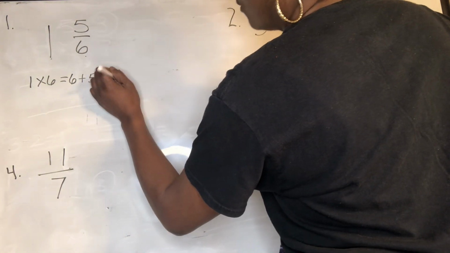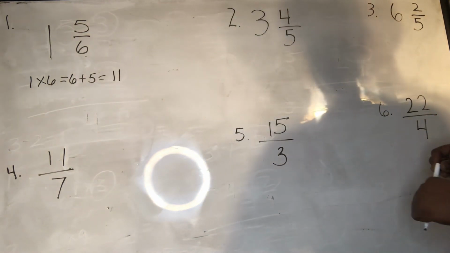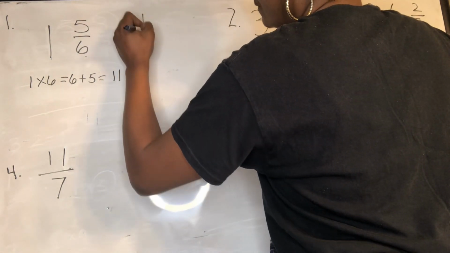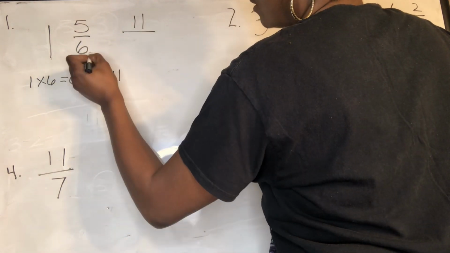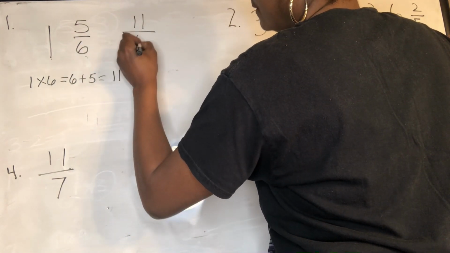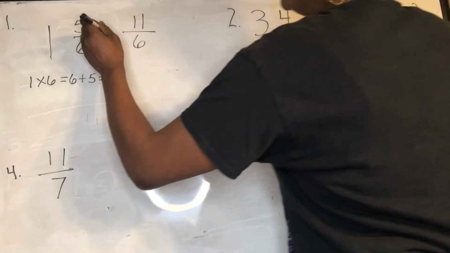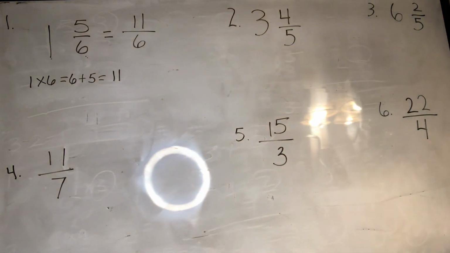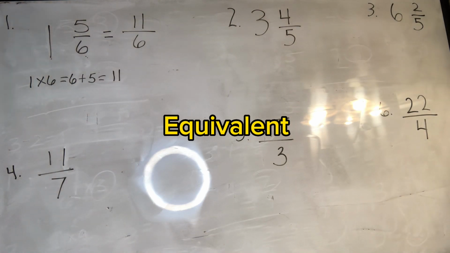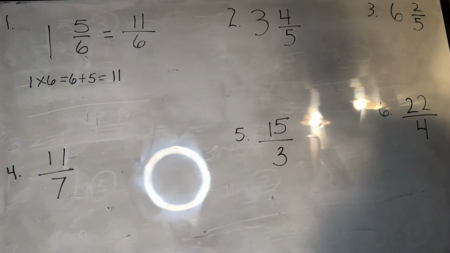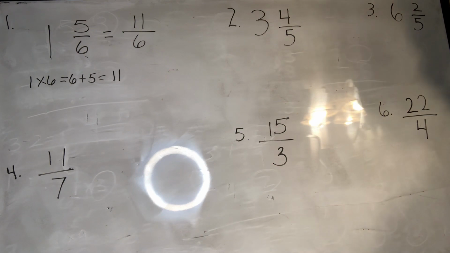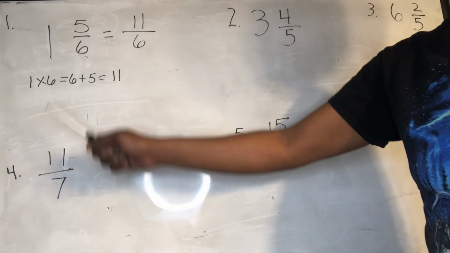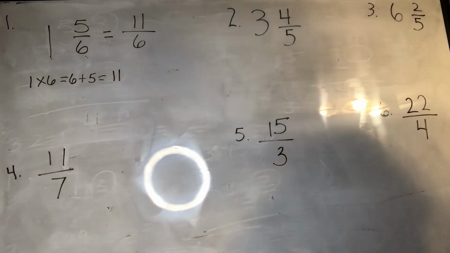That is what our numerator is now going to become. Our numerator is going to become 11, and we are going to keep our denominator of 6. So now 1 and 5 over 6 is equivalent to 11 over 6. That's how we will get our improper fraction from our mixed number.